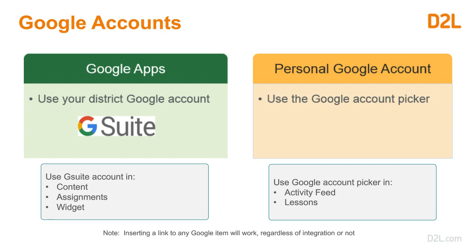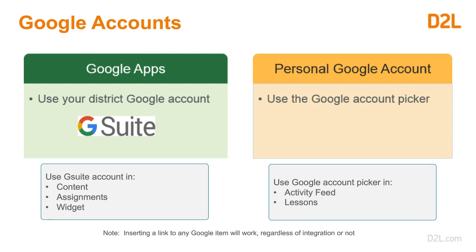Personal Google accounts can be used in our latest iterations of some of our fun K-12 friendly items, such as activity feed and lessons. Now, neither of those has to be used in K-12. Just the first launch of these two tools has really been, I think, heavy in the K-12 segment, but I think we're starting to see some higher ed institutions interested in activity feed as well.